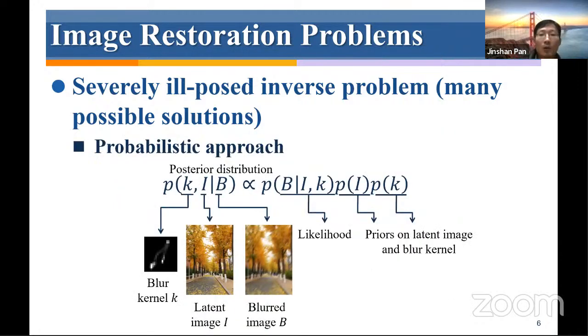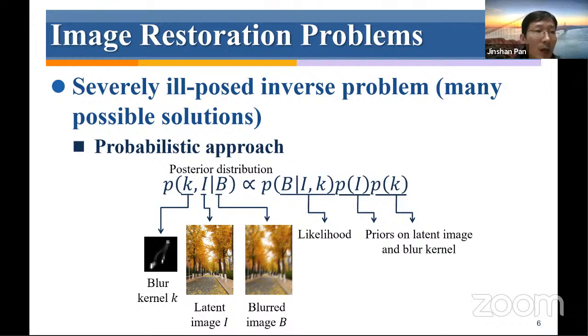To solve this problem, most conventional methods take a probabilistic approach. Here we take image deblurring as an example. The probabilistic approach models the posterior distribution of the latent clear image and blur kernel given the blurred image.